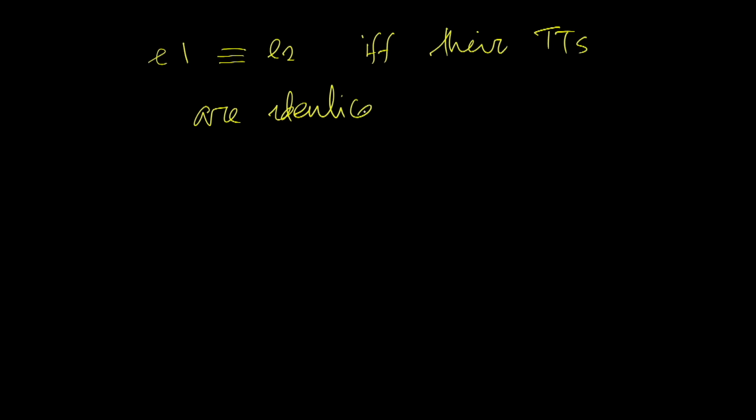In the last class, we saw that two expressions E1 and E2 are logically equivalent if and only if their truth tables are identical. In particular, we saw De Morgan's laws.